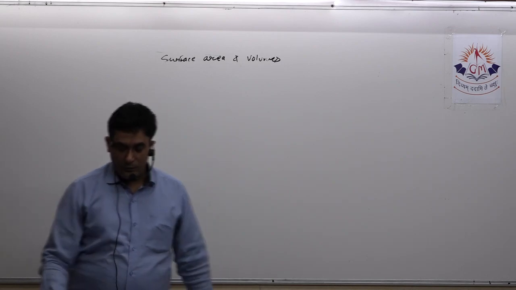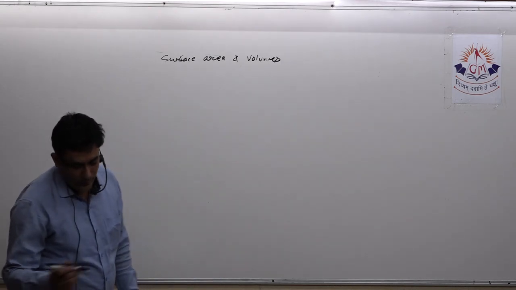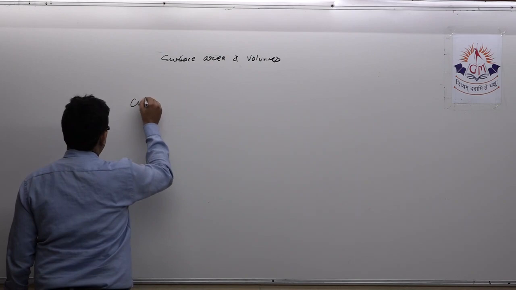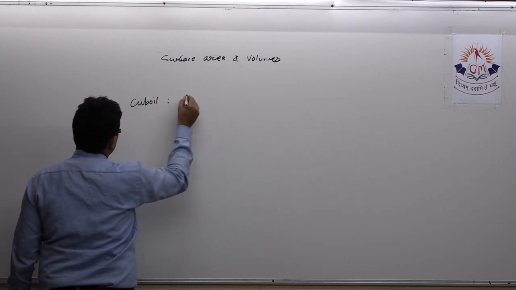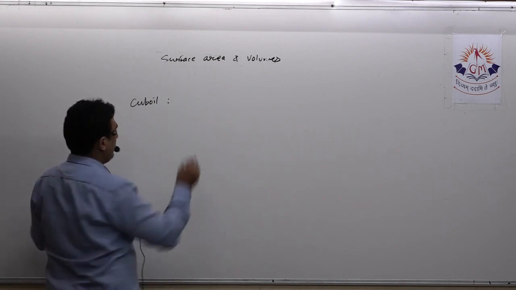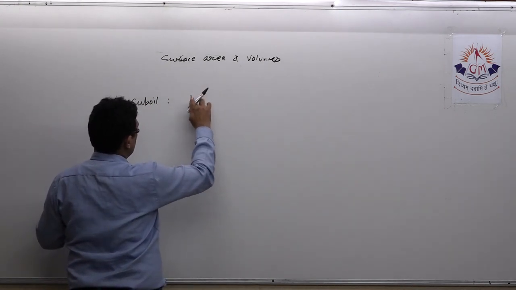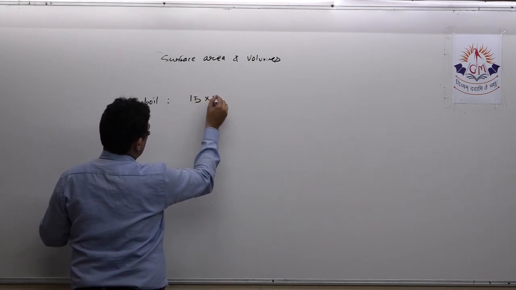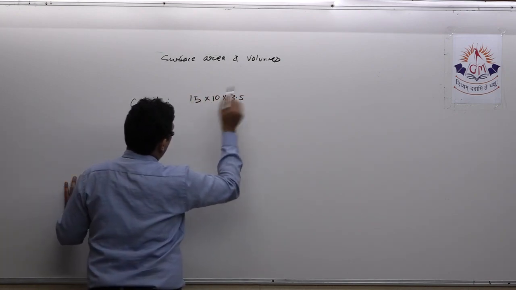Dimensions of the cuboid are given: 15 by 10 by 3.5. That means for the cuboid we have dimensions L, B, H as 15, 10 and 3.5, all in centimeter.